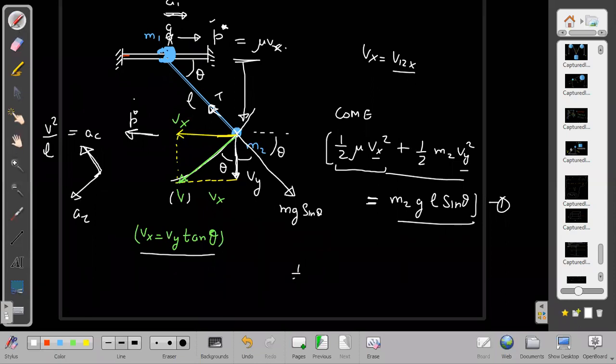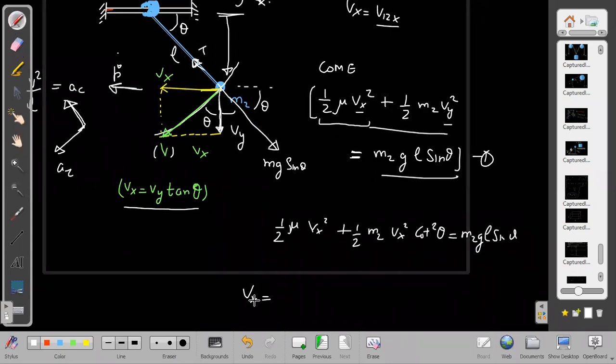So we can write it as half of mu into Vx square plus half of M2 into Vx square into cot square theta is equal to M2 into G into L sine theta. So we are getting Vx from here. What is Vx?